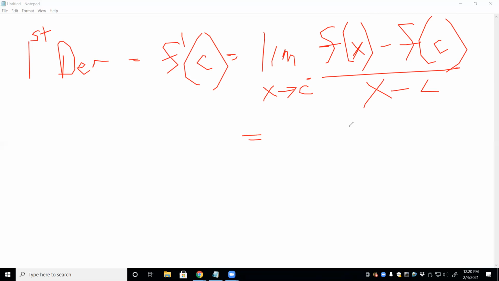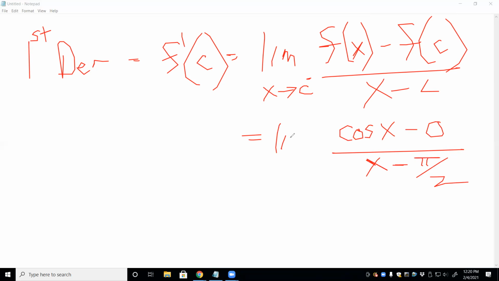So f of x is cosine of x. f of c is 0. And we have x minus pi over 2. And we want the limit of that as x goes to pi over 2.